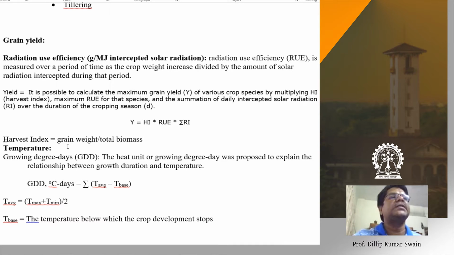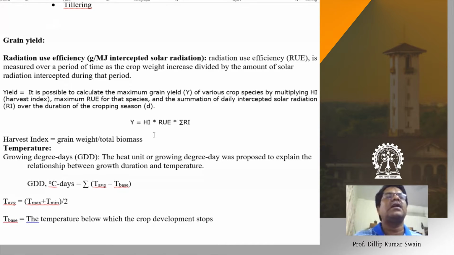Yield is the harvest index, that is, how much economic part you get from the total biomass. Suppose your total biomass is 10 ton per hectare and the economic part is 8 ton per hectare, then your harvest index is 8 by 10, so 0.8. If you know the harvest index for a particular crop, that is fixed, because out of the total biomass, how much grain portion is almost in a reasonable range.